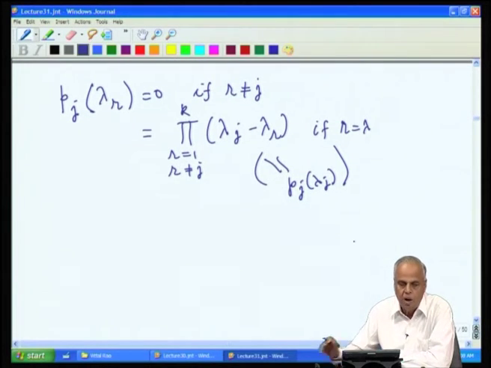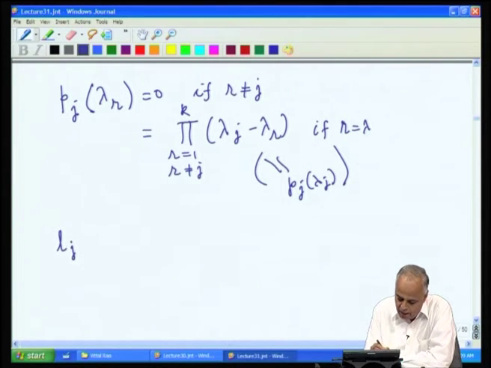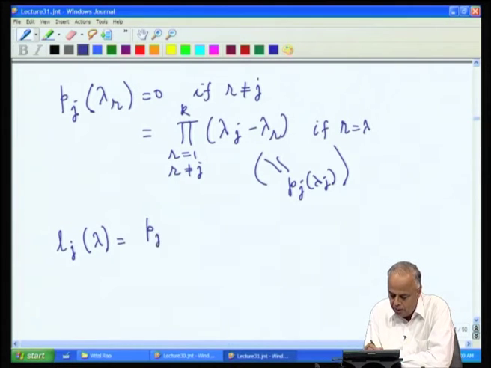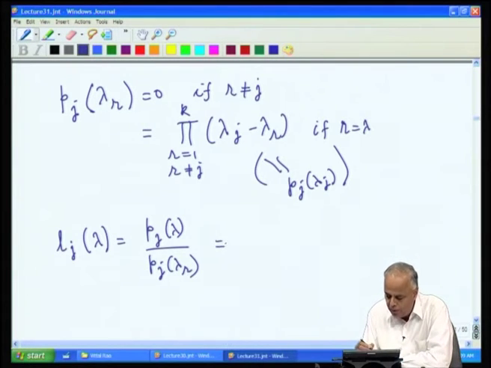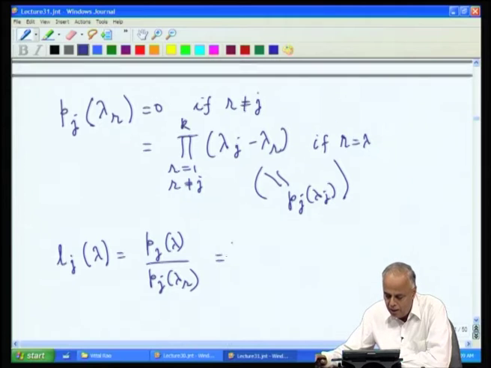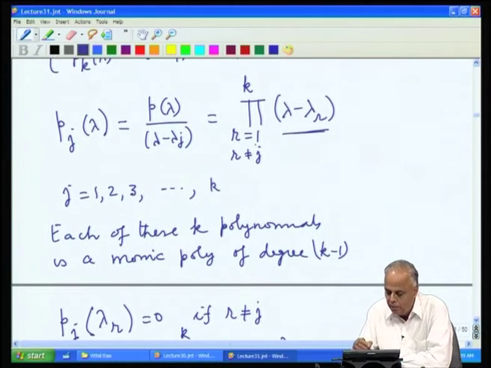Now, we normalize these polynomials. Suppose I define L j of lambda to be p j of lambda divided by p j of lambda j. What is this polynomial? P j lambda is this polynomial except the jth term.